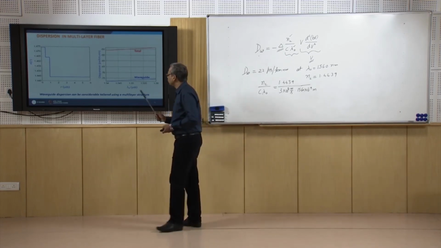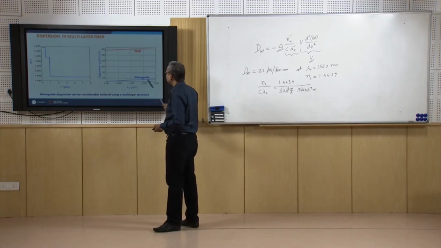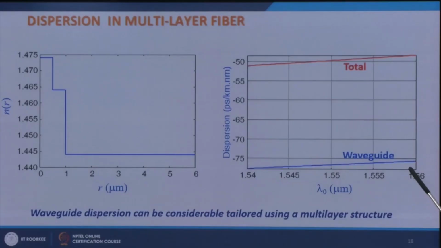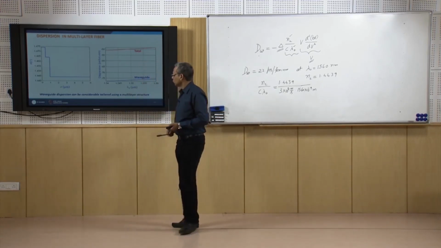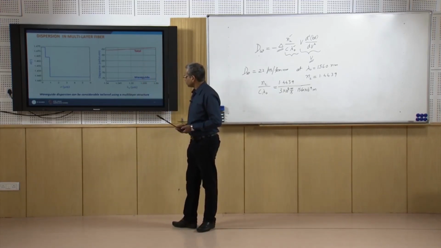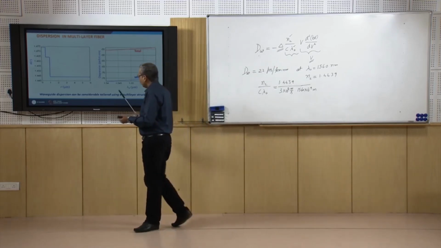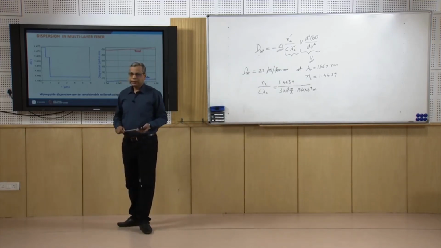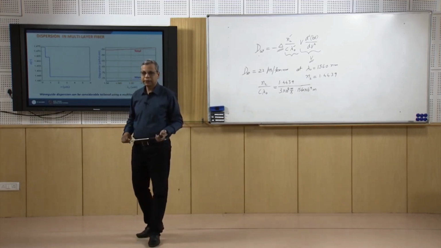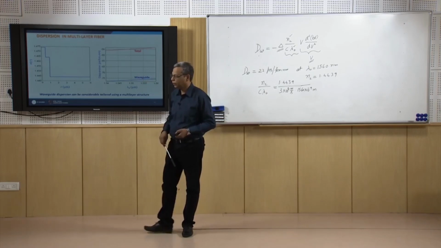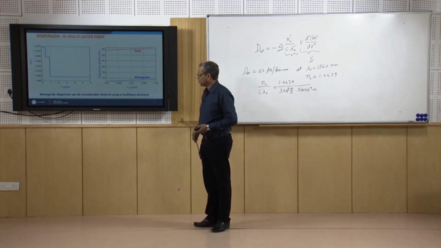Just look at the values of waveguide dispersion here, they are less than minus 75 picoseconds per kilometer nanometer. So, the magnitude is larger than 75 picoseconds per kilometer nanometer. So, you can enhance the waveguide dispersion quite a lot, and considerably tweak it.